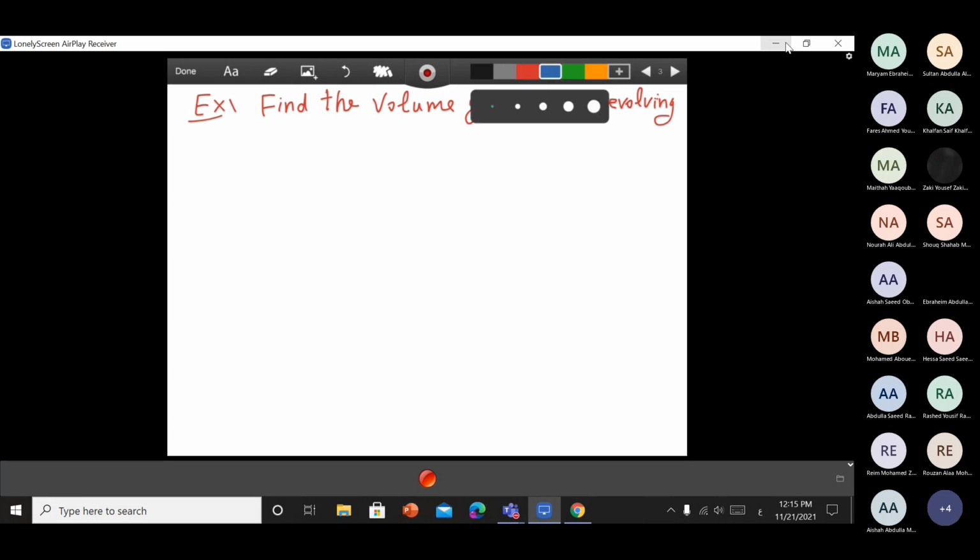Yes, the curve y equals half x squared. I have to mention it is rotating about the y-axis or x-axis. I will ask you for both.